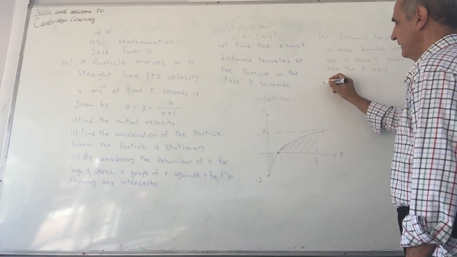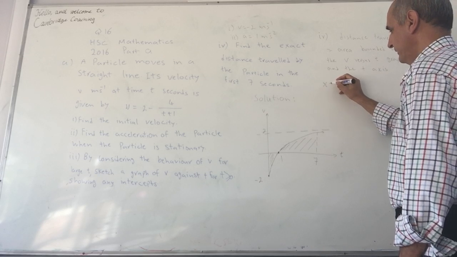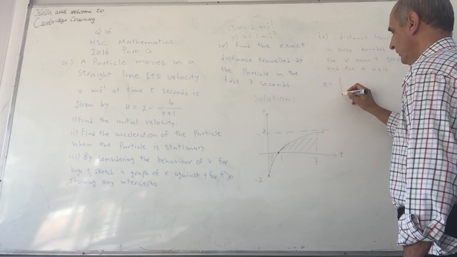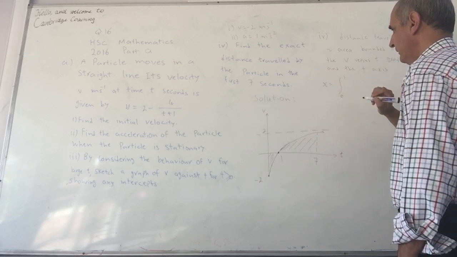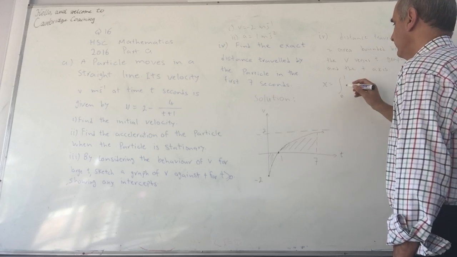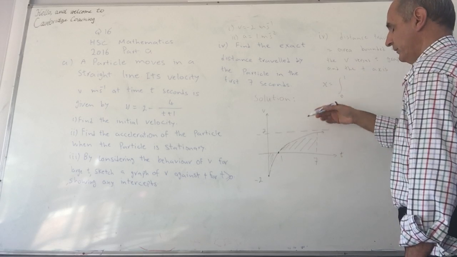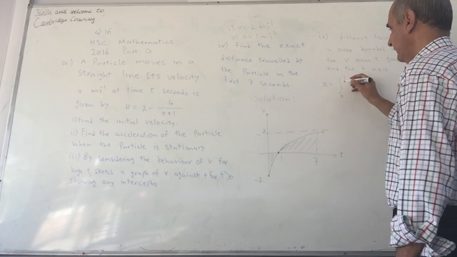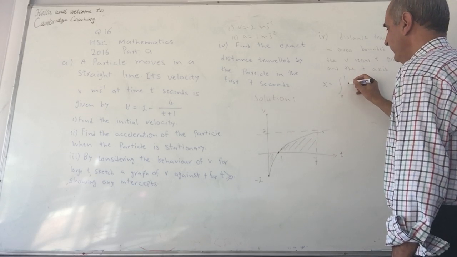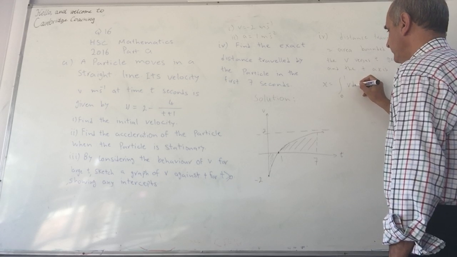So this means my x displacement is equal to the integral from 0 to 1. We said that to find the area, you need to integrate v dt.